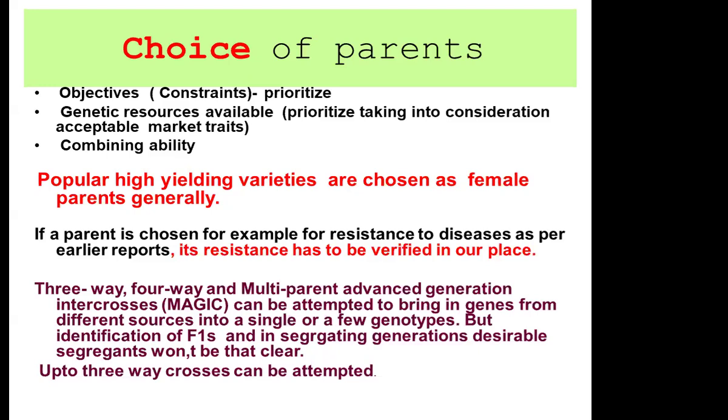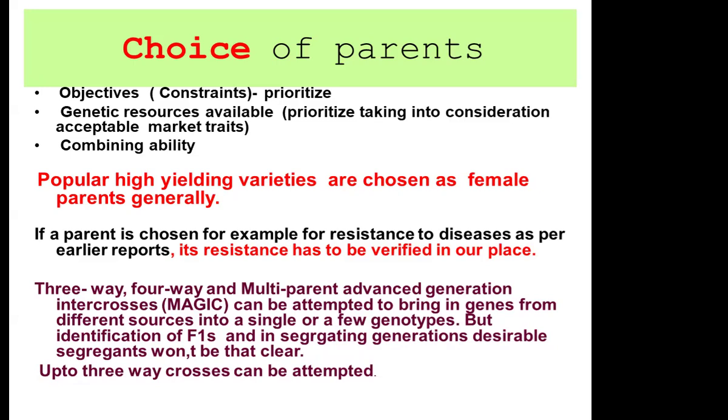And of course, genetic resources. To tackle that constraint, we have to check whether we have the genetic resource, that is, the trait under consideration, in a genotype, in a germplasm resource, or in any advanced breeding line. We have to think of the genetic resources available before choosing our parents. If there is information on combining ability of the parents, we have to search the literature and know the combining ability of the parents that we are going to choose.